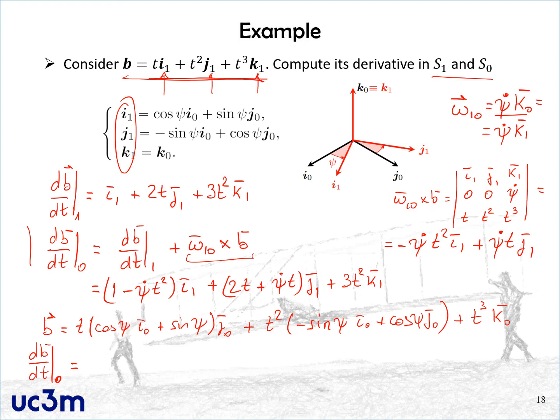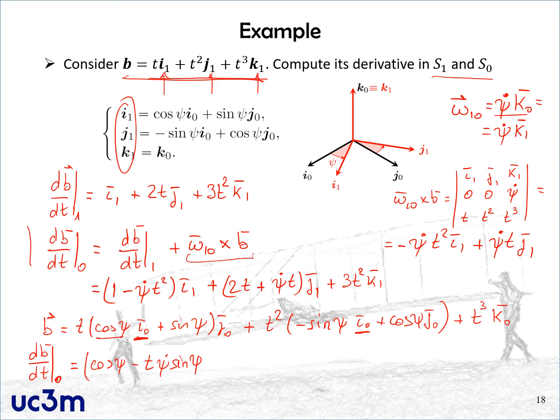So I'm going to gather together the terms that depend on I0. So I have one here and one here, all right? So when I take derivatives with respect to time, the derivative of t gives me 1 multiplied by the cosine, so I get cosine psi. Then I also have minus t psi dot sine psi when I take the derivative of this cosine.